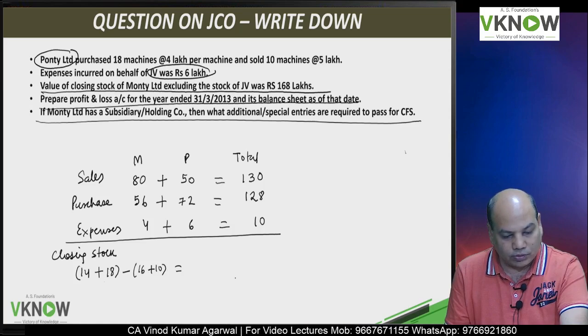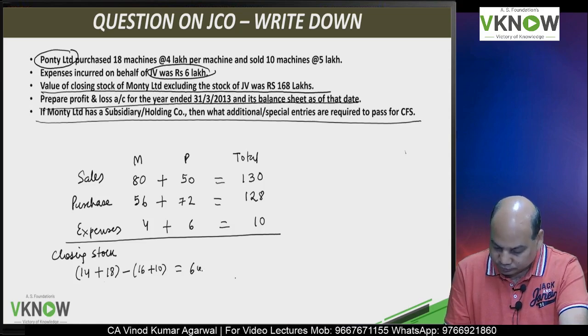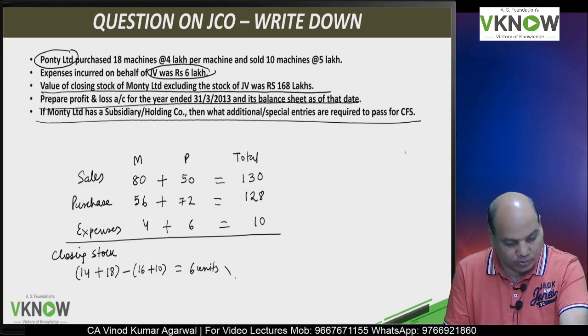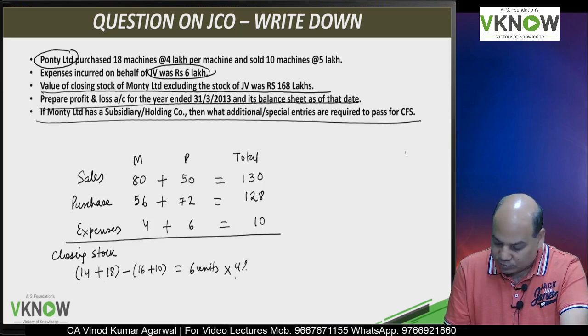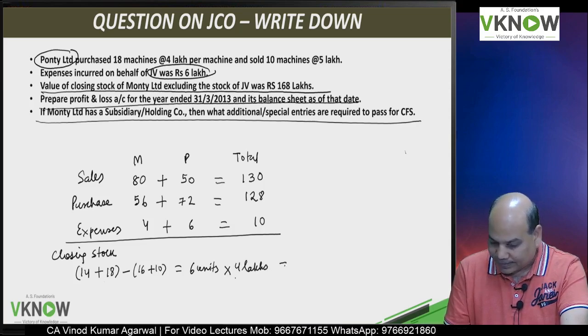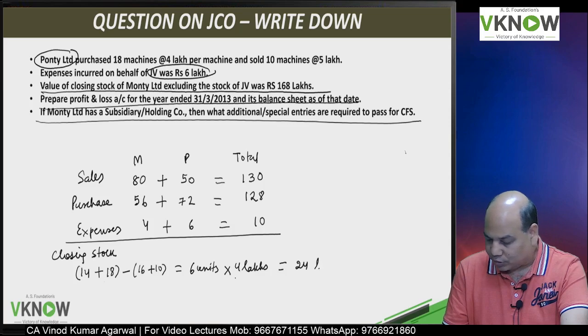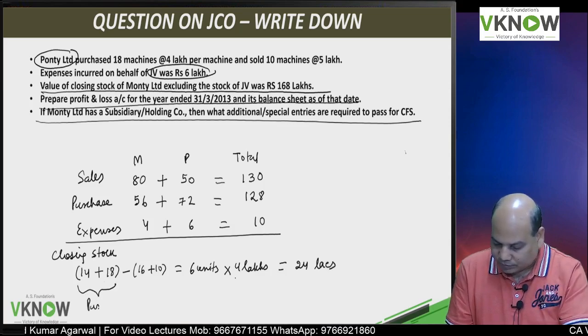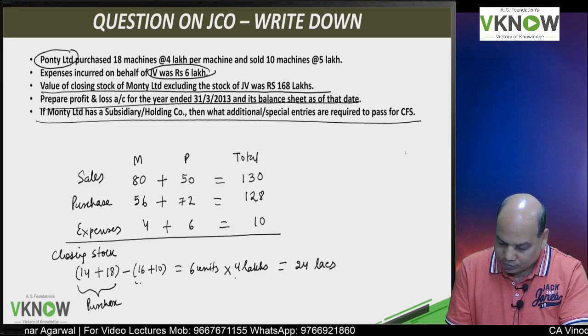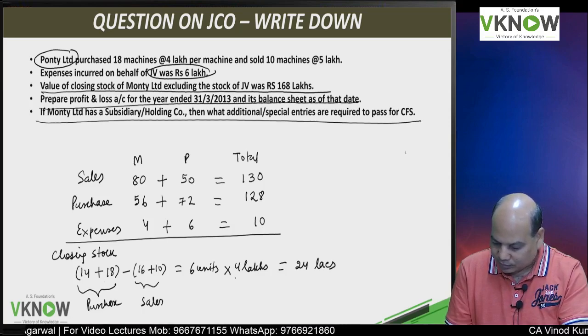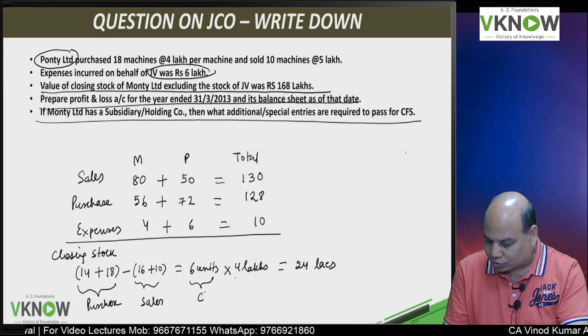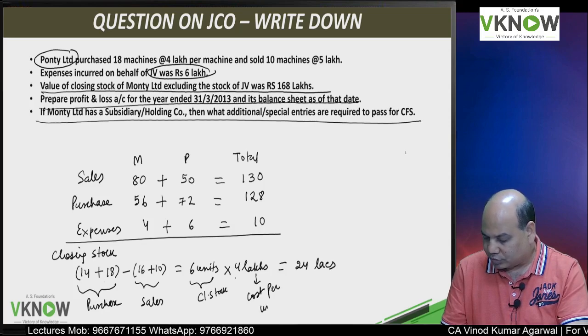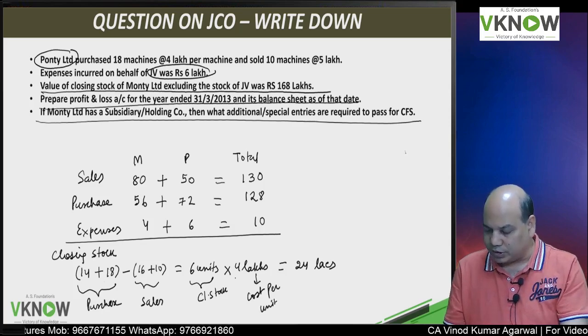So closing stock will be 6 units, and the rate is 4 lakh rupees. So that closing stock will be 24 lakhs. This is purchase, this is sale, this is closing stock quantity, and this is cost per unit. So they have closing stock of 24 lakh.